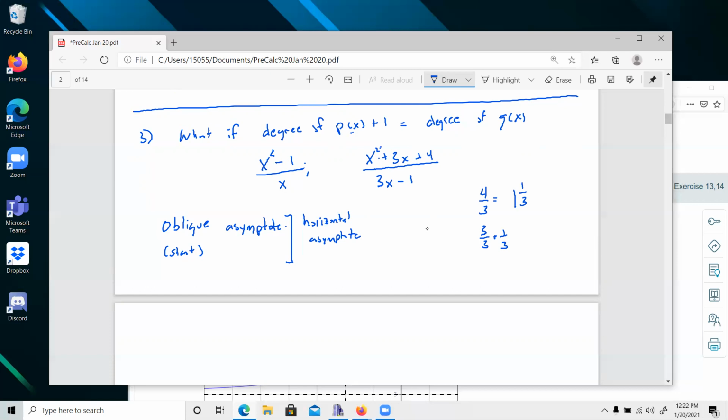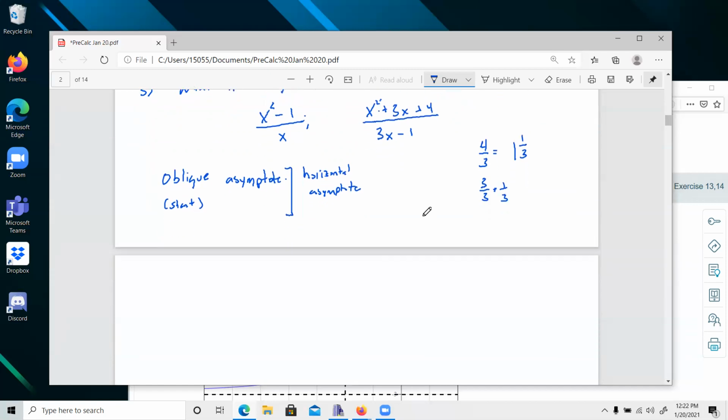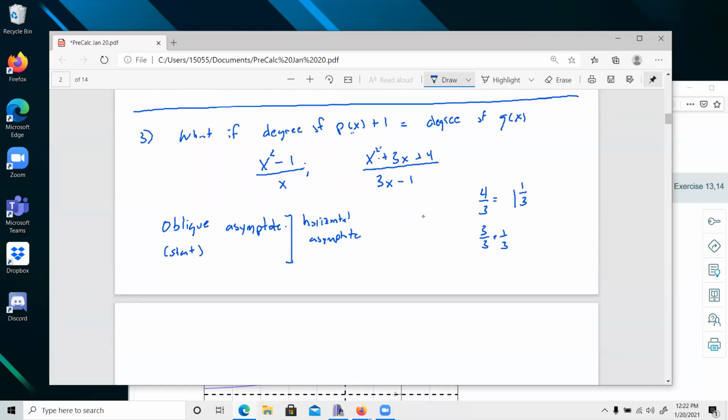How do you get the oblique asymptote? Well, in college algebra, maybe, and definitely in intermediate algebra, we taught you something called polynomial division. So we have to go through and actually do all of this. Do you remember doing this and how much fun it was?